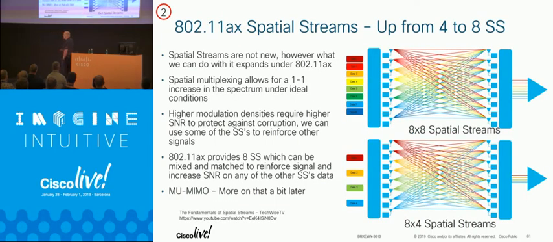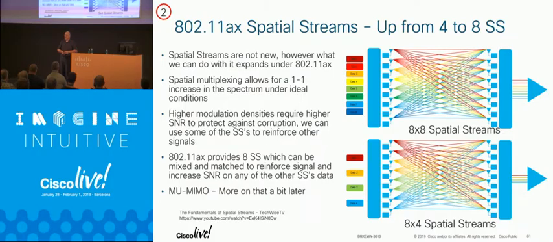Spatial streams. We're going from 4 to 8 spatial streams. Does anybody remember 802.11n was supposed to have 8 spatial streams or capable of it? Turned out in 802.11n, those other 4 spatial streams made such a minimal difference at such a high cost, it just wasn't worth going there. 802.11ac, kind of the same thing going to 8 spatial streams in AC.